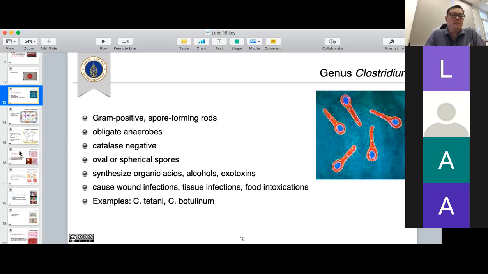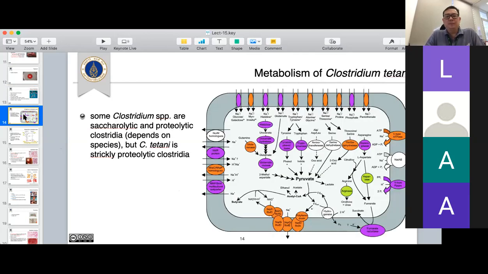Clostridium tetani is a very important bacteria and people spend lots of time studying it. The general characteristic of tetani is strictly anaerobic. People sequenced the genome of Clostridium tetani and analyzed the genome structure, and this is the model of tetani cells. The purple and the orange on the gray area represent the cell wall of Clostridium.